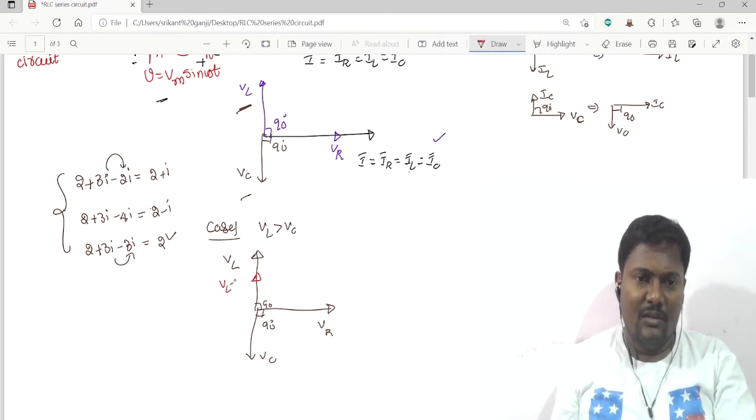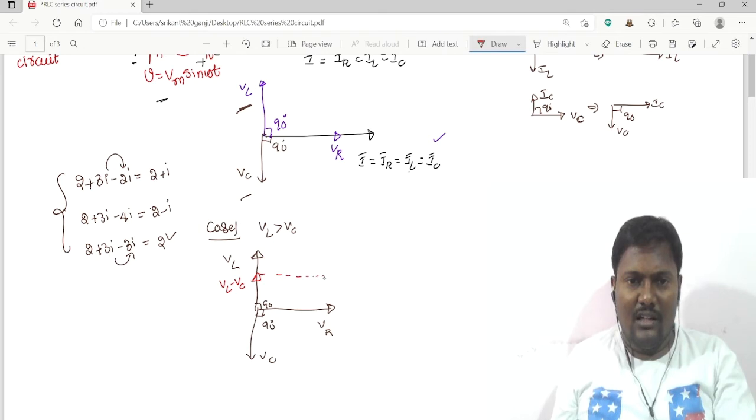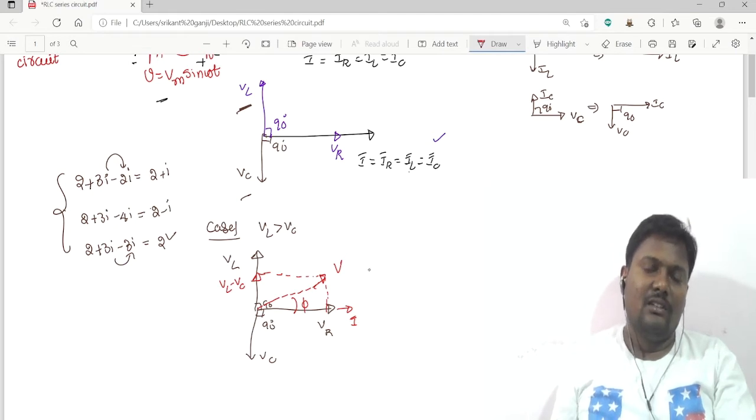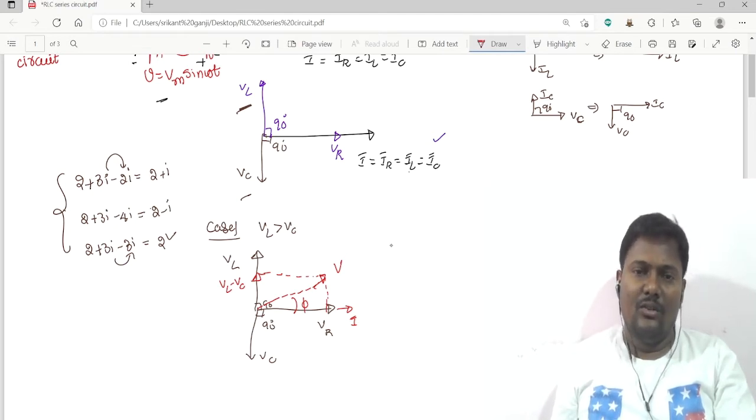Now add these two vectors: draw a line parallel to VR and a line parallel to VL minus VC. Then I get the resultant voltage, and the angle between the resultant voltage and the current is called the power factor angle. So phi is the angle between the resultant voltage and current.